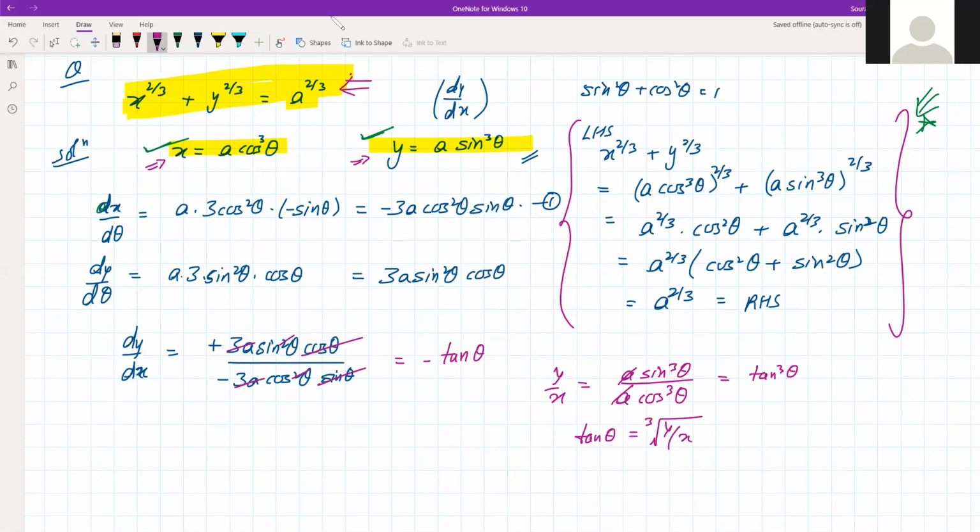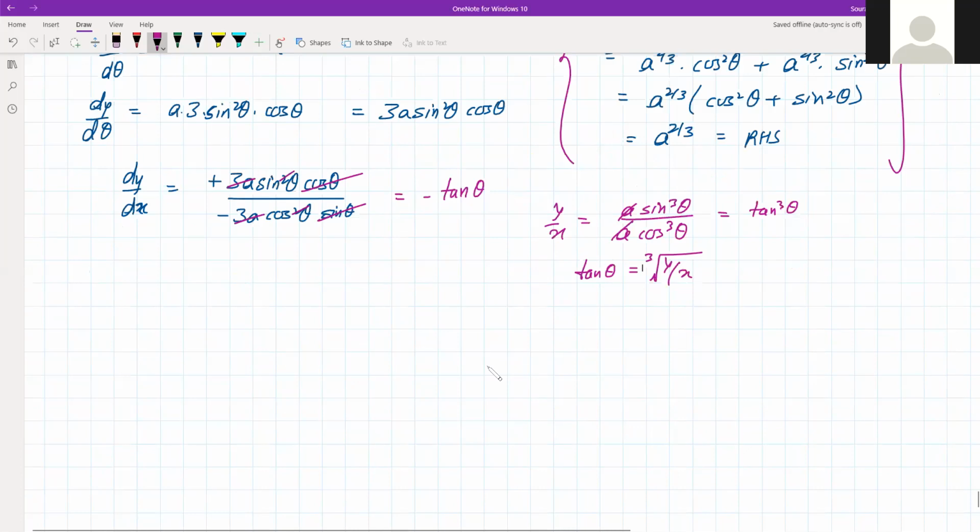So dy by dx, our final answer, which is equal to minus tan theta, is actually equal to minus cube root of y by x.